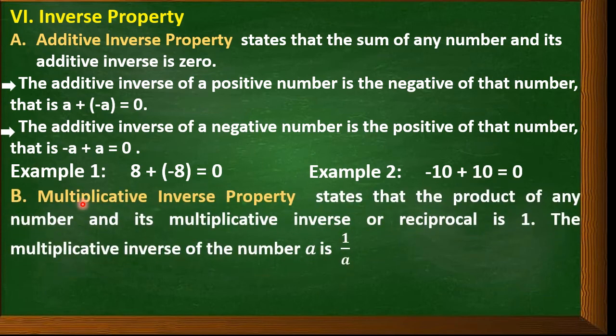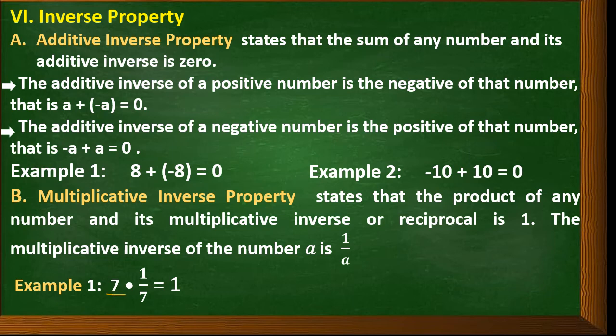We also have the multiplicative inverse property. It states that the product of any number and its multiplicative inverse or reciprocal is 1. The multiplicative inverse of the number a is 1 over a. Okay, example, 7. Its inverse is 1 over 7. Why do we have 1 over 7?